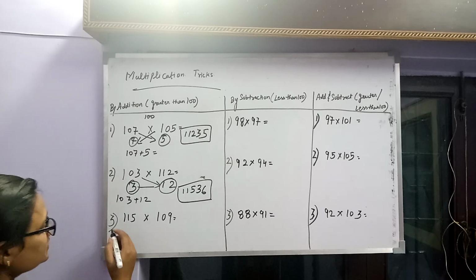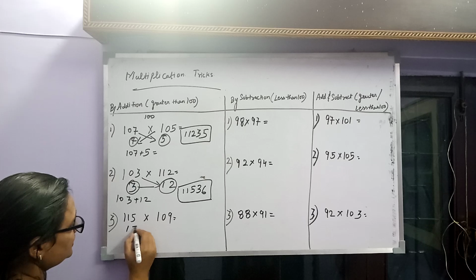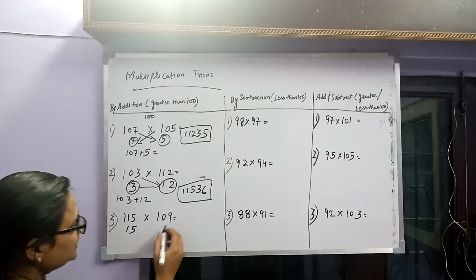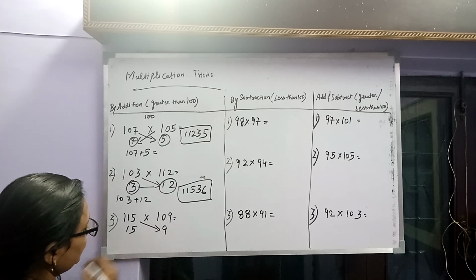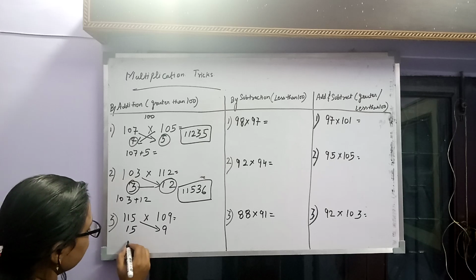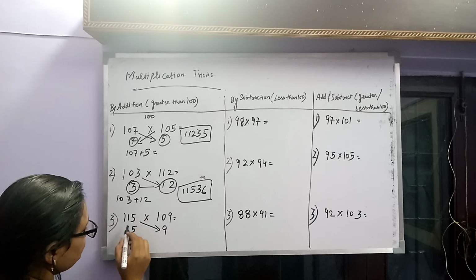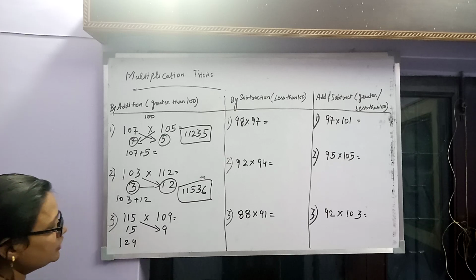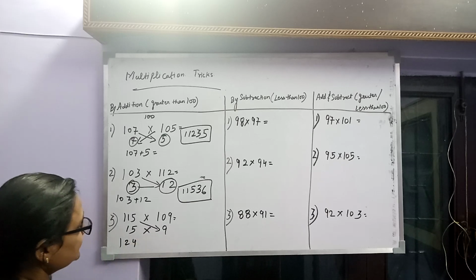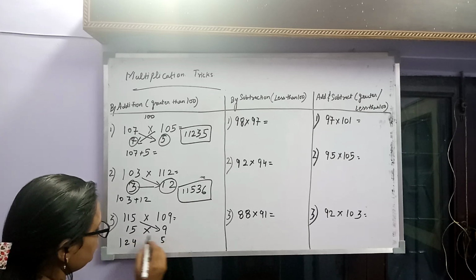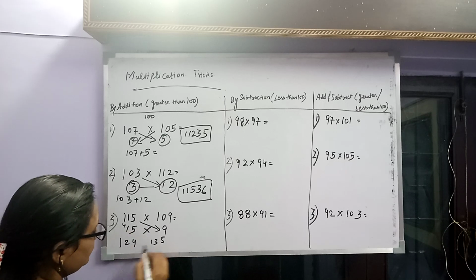The next example: here it is 15, here it is 9. We add this number to this and we get 124, and after multiplying 15 and 9 we get 135.